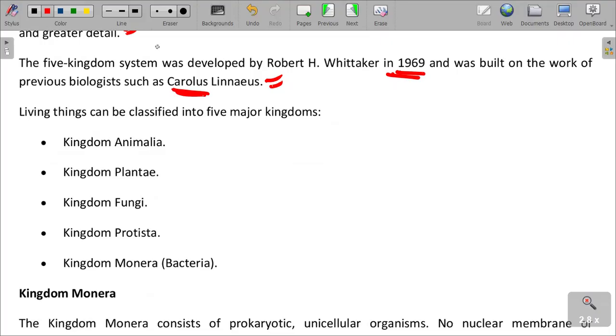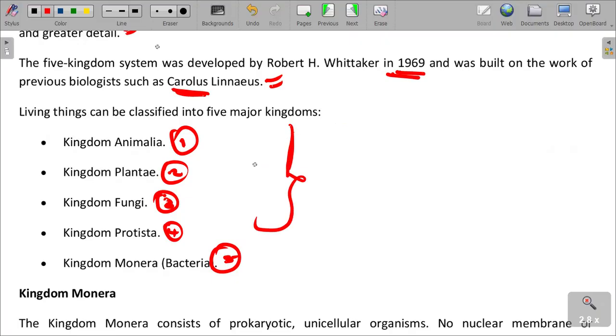Living things can be classified into five major kingdoms: one, the Animalia, the Plantae kingdom; number two, the kingdom Fungi; the Protista; and then the kingdom Monera, which is the bacteria. This gives us the five major kingdoms of classification that we should look at.